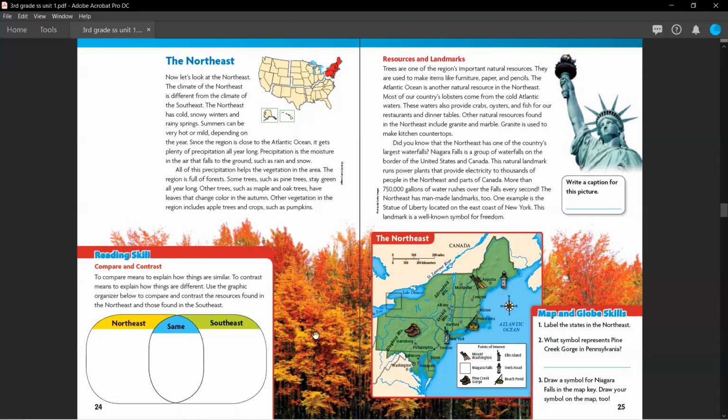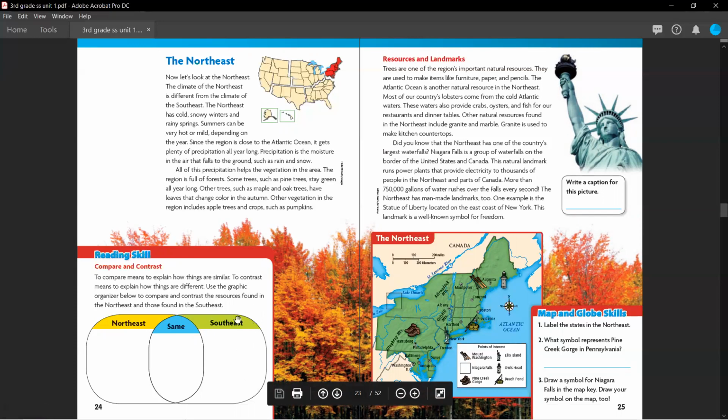Now here at the bottom, reading skills, compare and contrast. To compare means to look at how things are similar. To contrast means to explain how things are different. Use the graphic organizer below to compare and contrast the resources found in the Northeast and those found in the Southeast. So the ones that are just in the Northeast, we're going to list here.